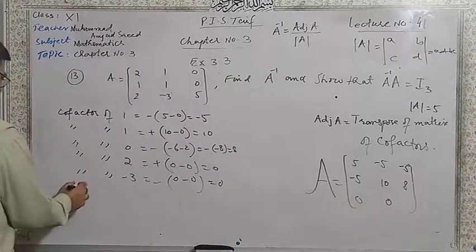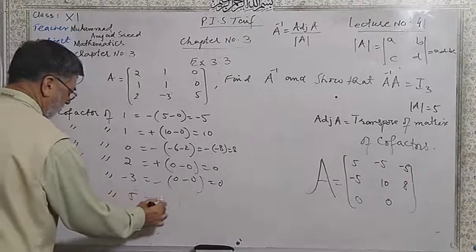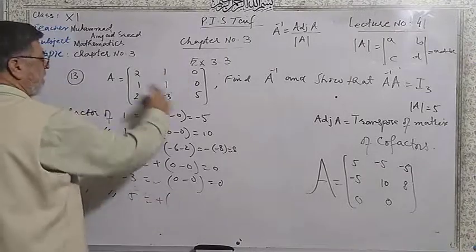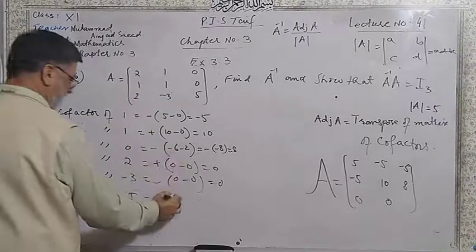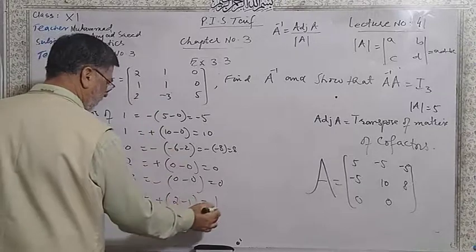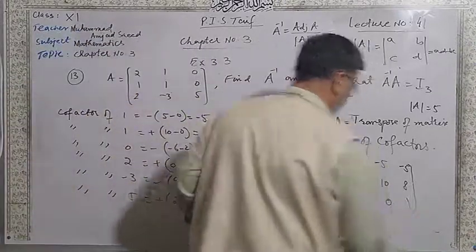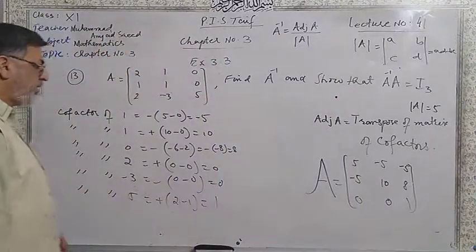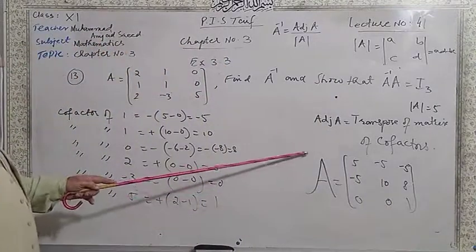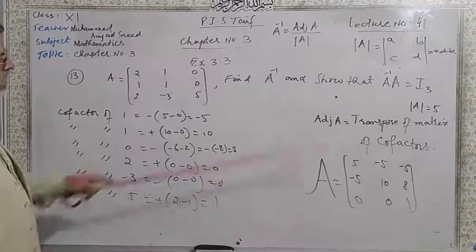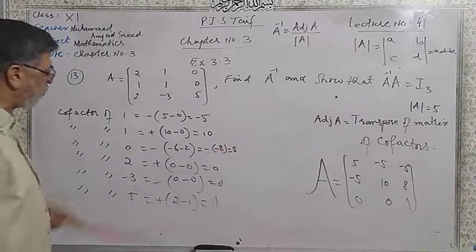Then the cofactor of 5, that is plus. Remove this column and row. AD minus BC, 2 minus 1, which is 1. Here is 1. Dear students, this is the matrix of cofactors. We will take its transpose to find adjoint A.